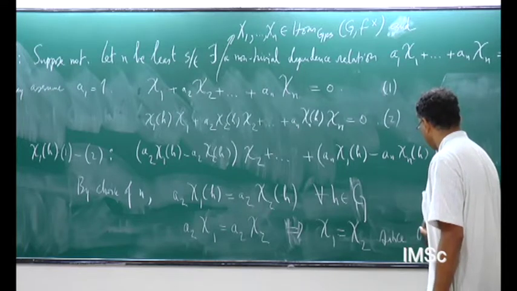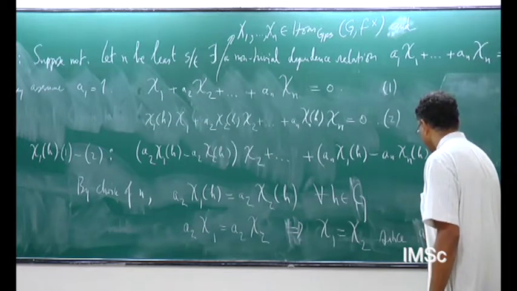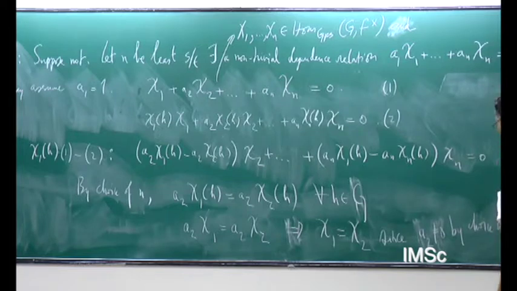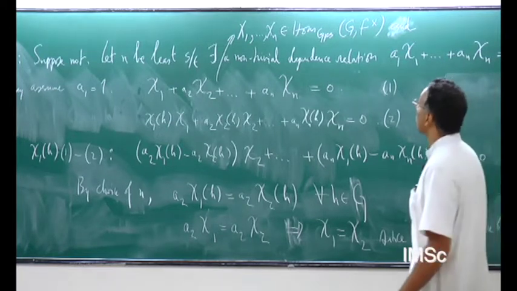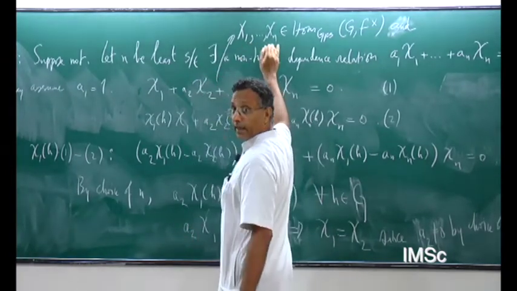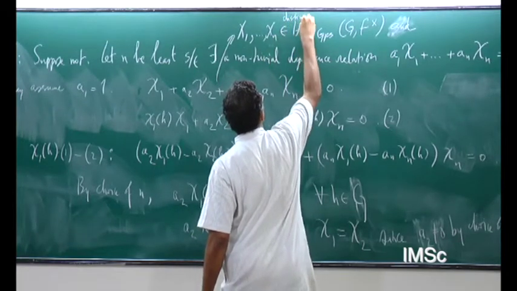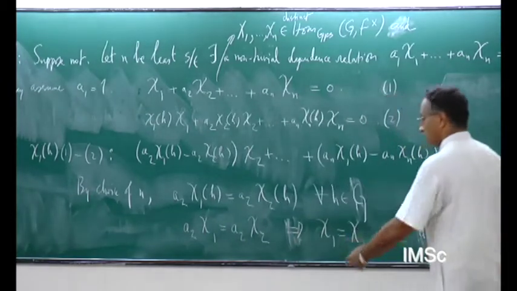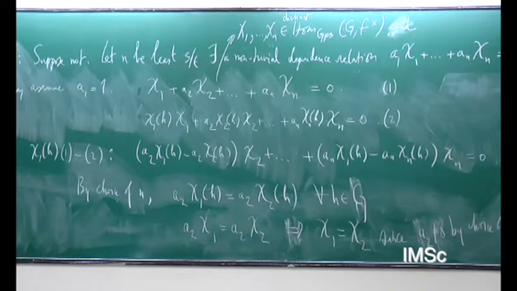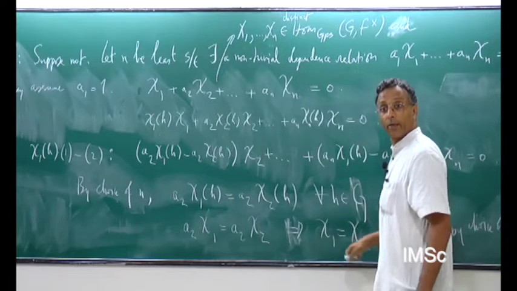Let us take these to be distinct here. I am assuming these to be distinct, and then I get a contradiction, because now I get chi1 equal to chi2.